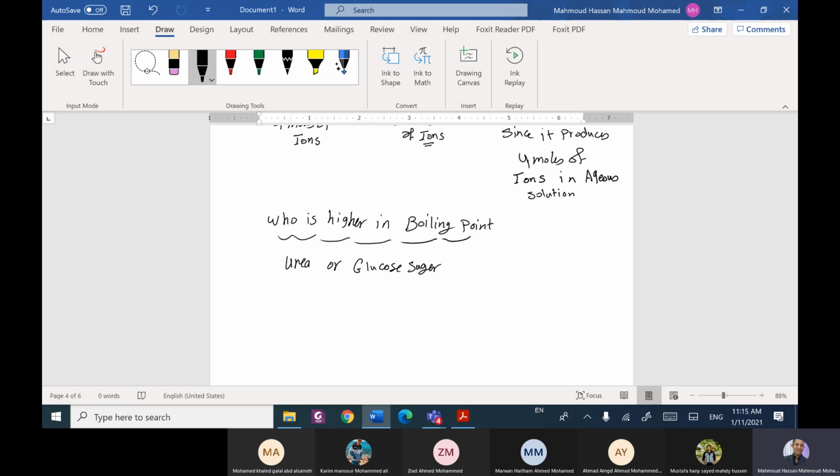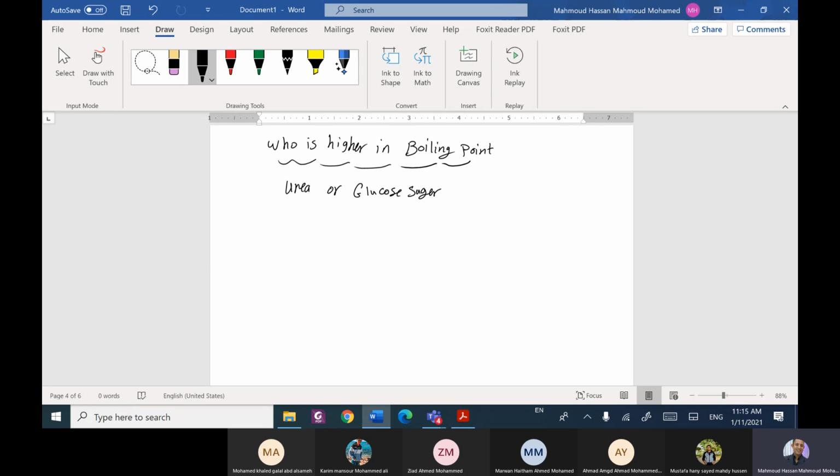Return back to the structural formula of each one. For urea, NH2 C double bond O NH2. For glucose sugar, CH2OH, CHOH all 4, CHO.